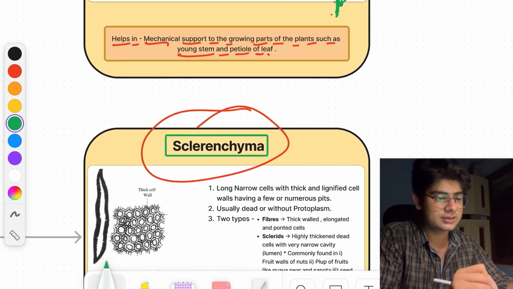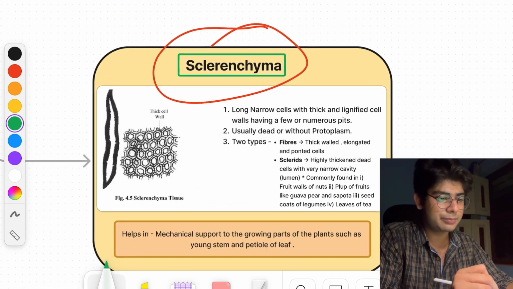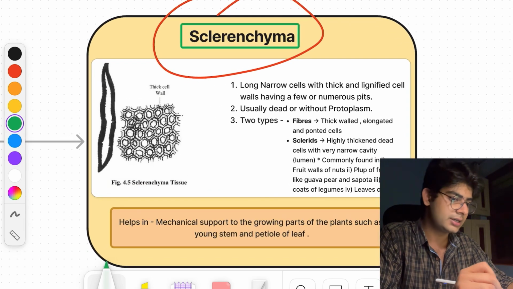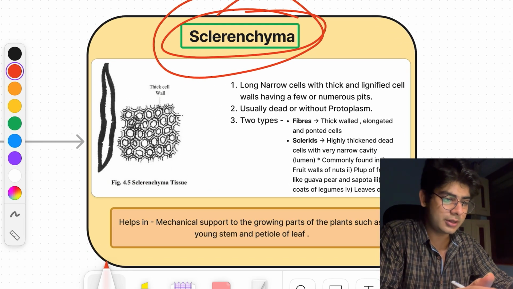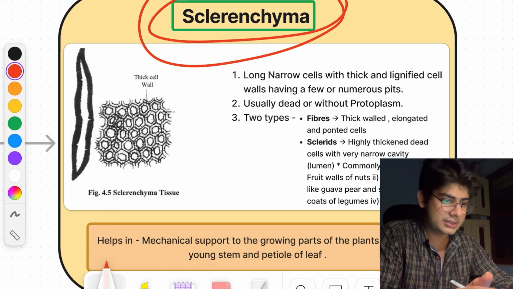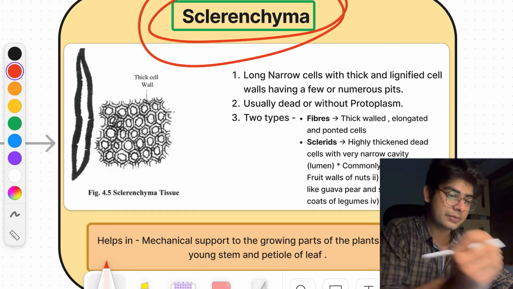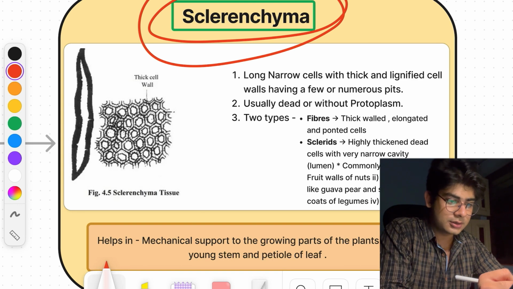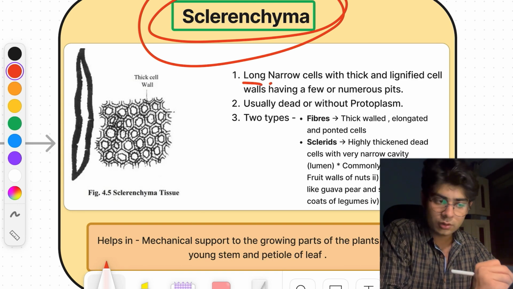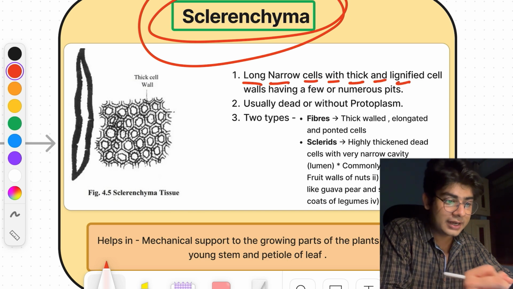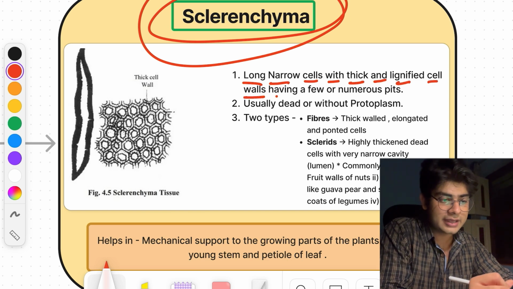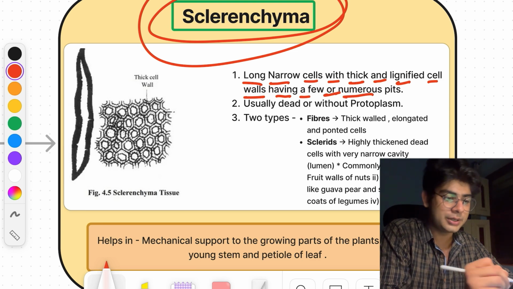The next section of the simple permanent tissues is Sclerenchyma. In Sclerenchyma, we can see the features are, it's long, narrow cells with thick and lignified cell walls having a few or numerous pits.